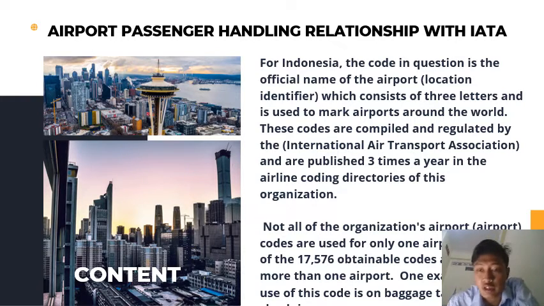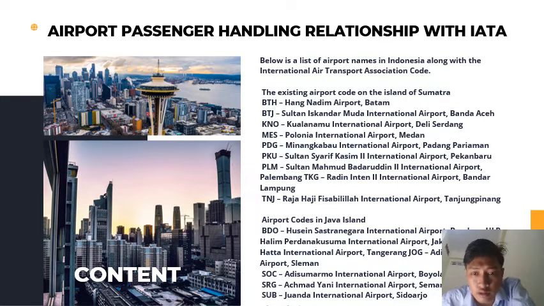These codes are compiled and regulated by the International Air Transport Association, or IATA, and are published 3 times a year in the airline coding directories of the organization. And below is a list of airport names in Indonesia along with their IATA codes. And for example, this is all the codes of Indonesian airports.